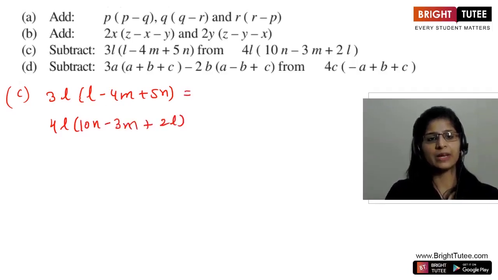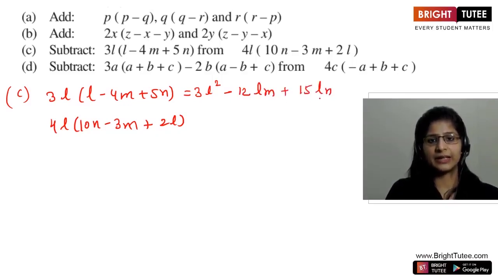So let us multiply. 3l times l is 3l², minus 3 into 4 is 12lm, then plus 5 threes are 15ln. And the next, 4l into 10n is 40ln, minus 4 threes are 12lm, plus 4 twos are 8l².